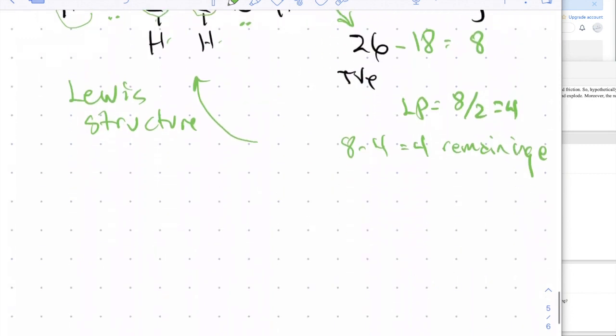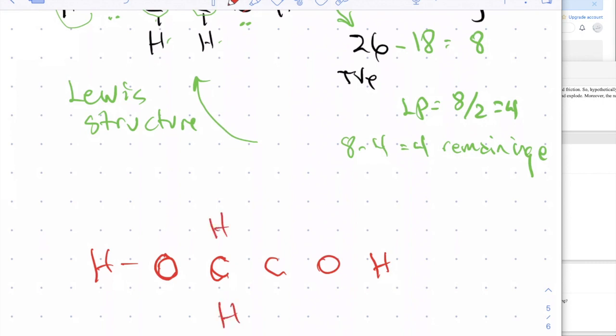So let me go ahead and draw that again. The Lewis structure that we have is hydrogen, carbon, carbon, oops, sorry. This happens to be oxygen, carbon, carbon, oxygen, hydrogen. Hydrogens on the top and to the bottom.